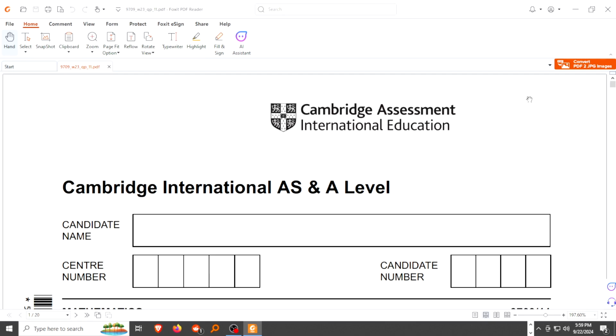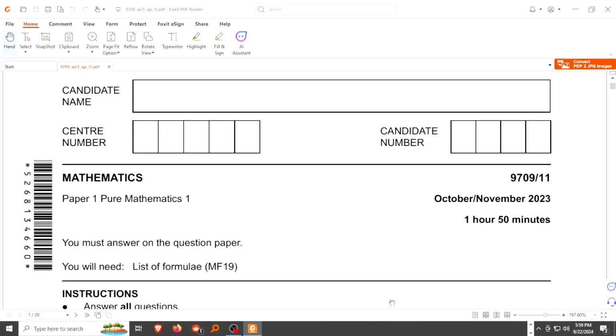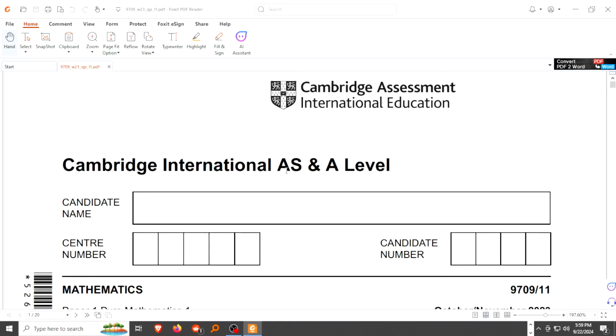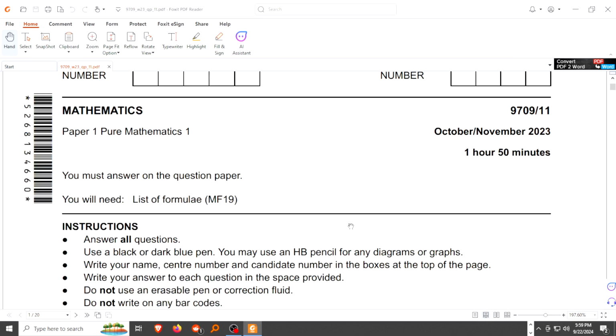Today's paper is of the code 9709/11, and it was taken in November 2023. This is Pure Mathematics 1, an Advanced Subsidiary and Advanced Level paper of Cambridge Assessment International Education.